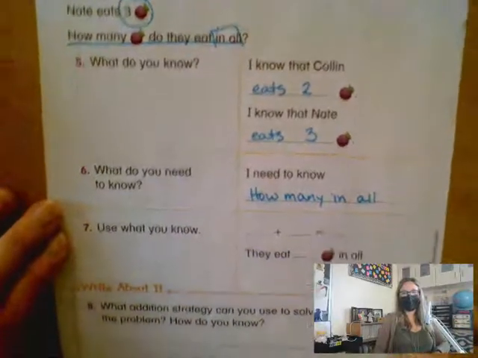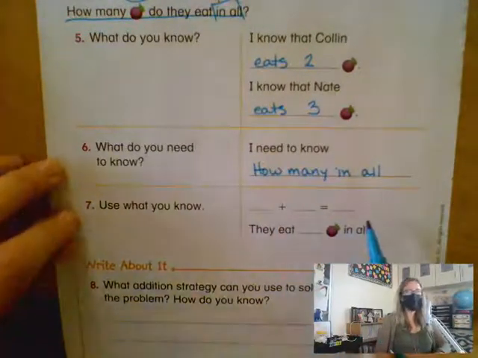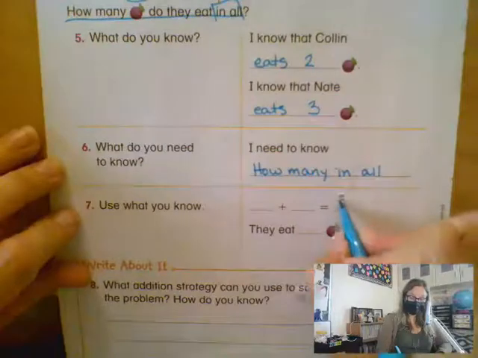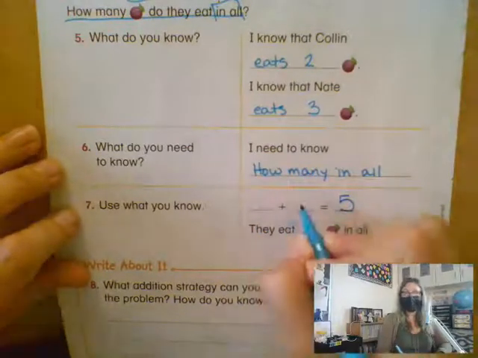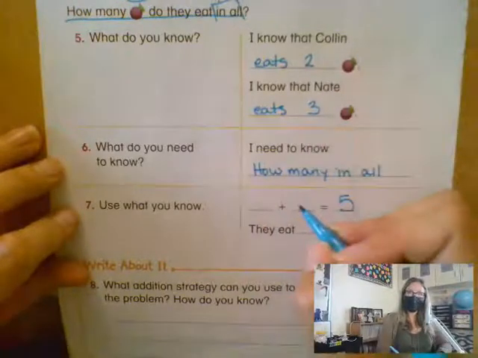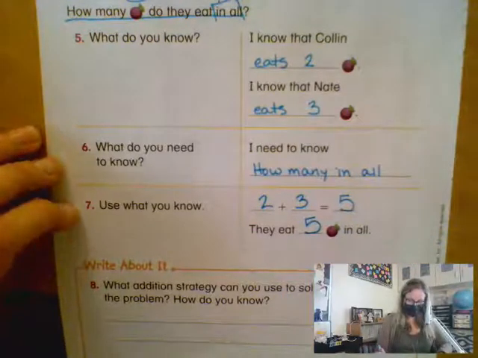Now it says use what you know. Who can tell me what would my addition equation be? Camila? Okay, but tell me the whole equation. You're right, the sum is 5, but what would my 2 add-ins be? 2 plus 3 equals 5. So they eat 5 plums in all.